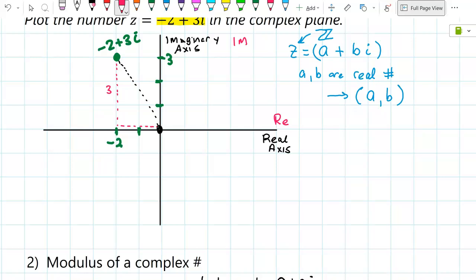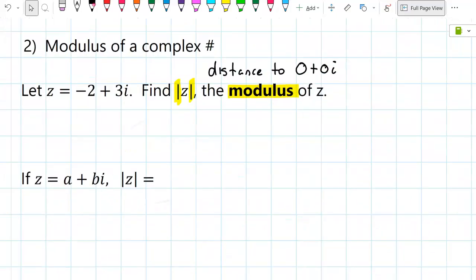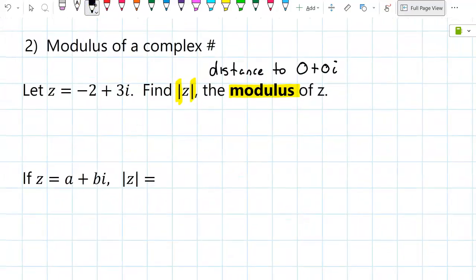The i is dropped here. We're just using the i to tell us that that's the vertical height. And the base of the triangle is 2. So the length is got to be the square root of 3 squared plus 2 squared. So here, let's put that in. We'll show the calculation. So the modulus of this z is going to be the square root of -2 squared plus 3 squared.